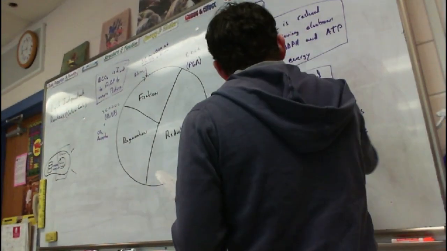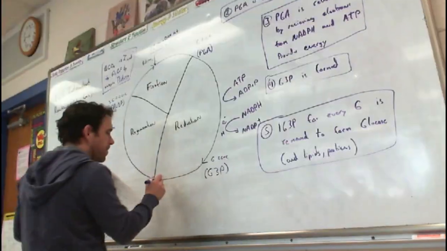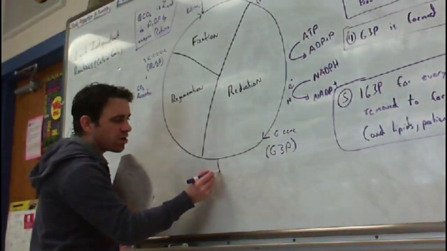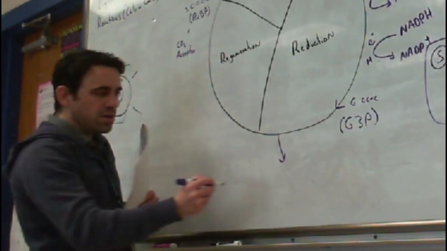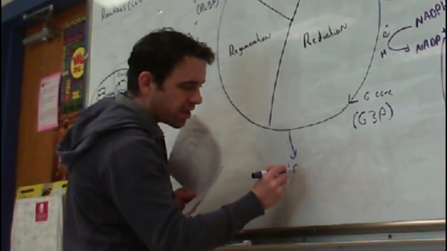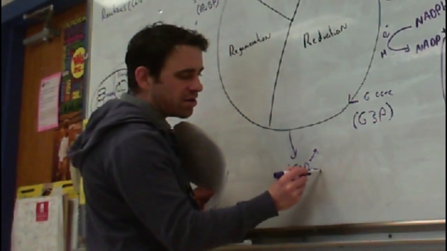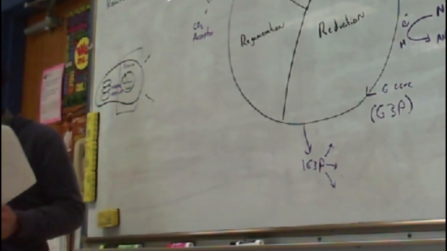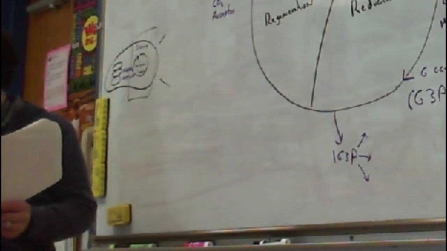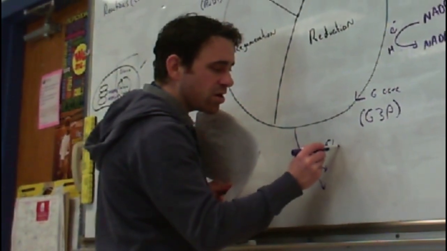So what does that mean? Well, for every 3 carbon dioxides, basically every 3 turns of the cycle, you make one G3P. I know you might be thinking, wait, that isn't glucose. I thought the formula said glucose. G3P is the building block of glucose. So it can be used to make glucose sugar.